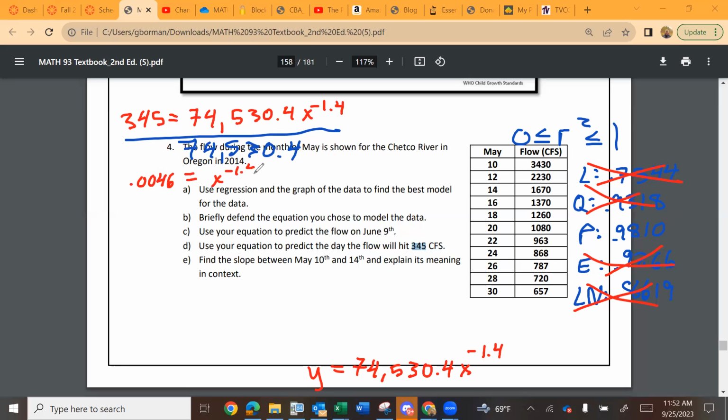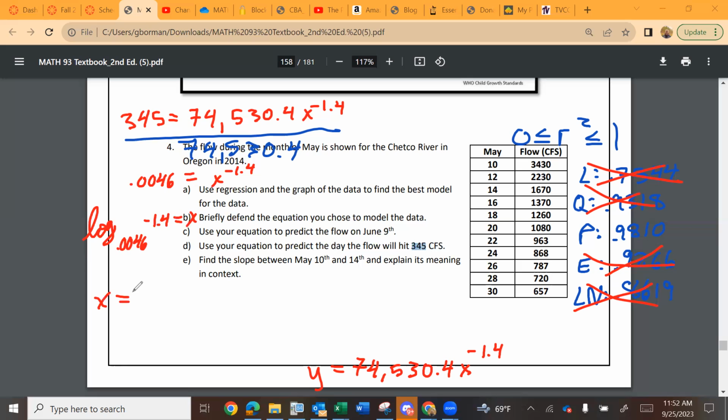Okay, so we got that. Now, at this point, what do we do? If you remember from whenever we did power, I think it was chapter 3, I'll say log base 0.0046 of negative 1.4 equals x.